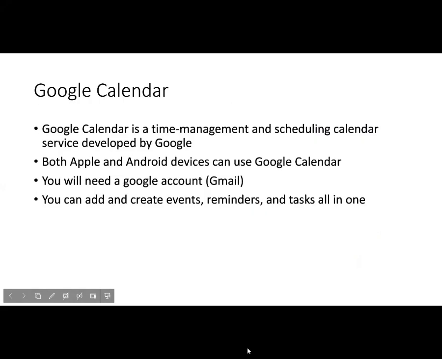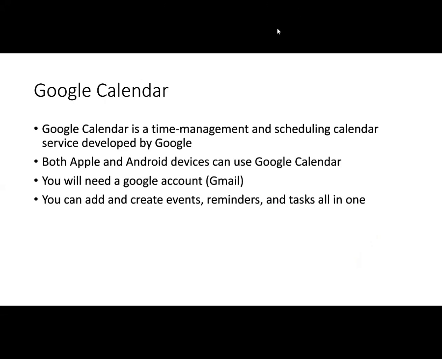So, what can Google Calendar do for you so you can start organizing your daily routines and get ready for the new year? Well, it's basically a time management and scheduling calendar. Like I said, both Apple and Android devices can use Google Calendar, and you do need a Google account, which is your Gmail, in order to sync your events.